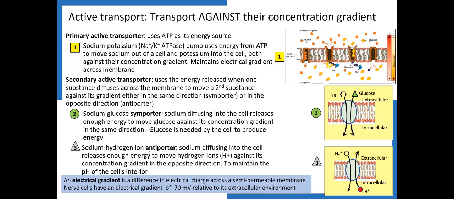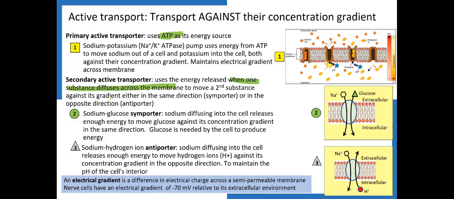As I said, active transport means transportation against the concentration gradient. When we talk about transportation of substances against a concentration gradient, it requires energy. The energy can be either adenosine triphosphate or the energy that's released when one substance diffuses across the membrane.